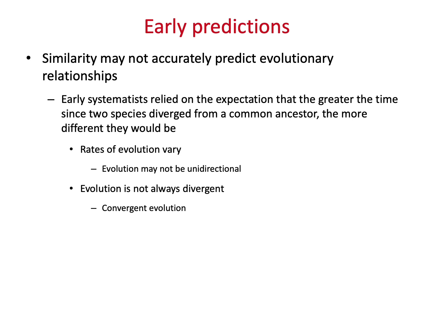Therefore, looking at similarities to develop a phylogenetic tree is not always accurate. These are the several problems that we talked about: the rate of evolution, evolution not always being unidirectional, and it not always being divergent, since convergent evolution can happen. So looking at similarities may not be a good indicator for understanding evolutionary relationships.